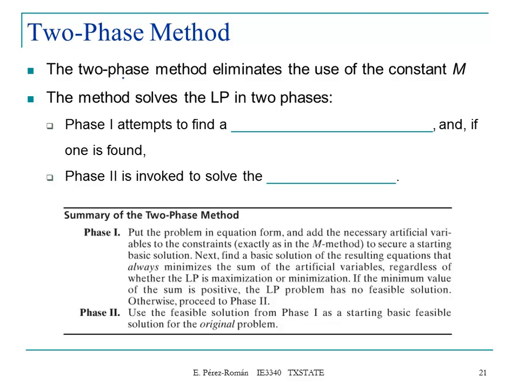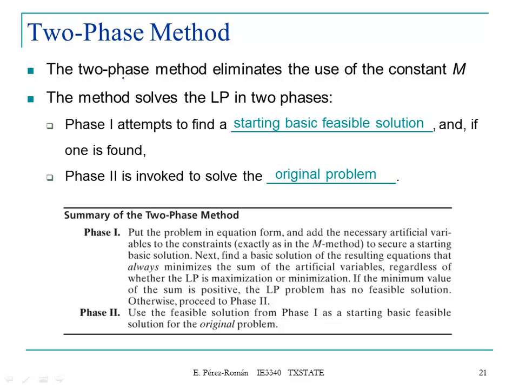But the method solves the LP in two phases, like the name says. Phase 1 attempts to find a starting basic feasible solution, and if one is found, then phase 2 is invoked to solve the original problem.